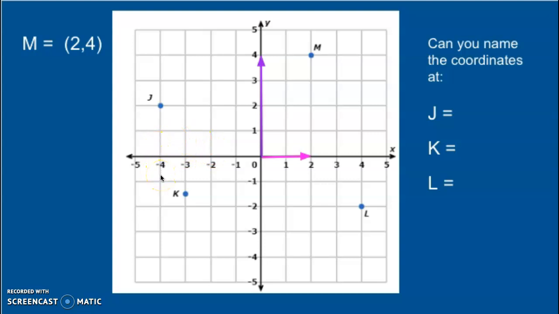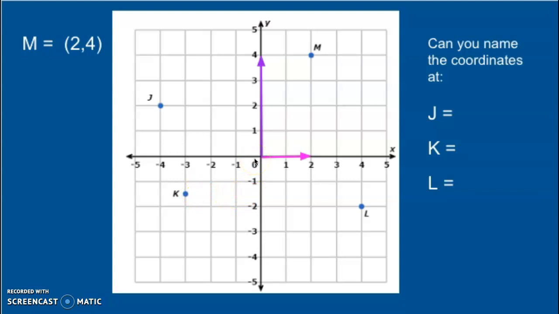J has an x value of -4. And if we go back to the origin, we notice that J is also positive on the y-axis, 1, 2 jumps. So our y coordinate is 2. We have (-4, 2). And if we were to plot that point, -4 is here and 2 is here, and they meet at this point J.